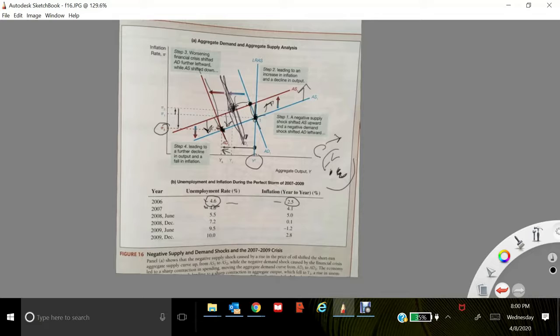We can see that here. First, output doesn't fall, but inflation increases. So we can see that over there.